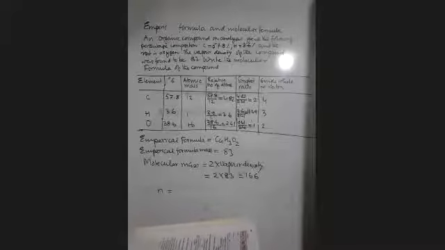Again, you check the digits. 39.9% carbon, 6.69% hydrogen, and rest is oxygen. Molecular mass of the compound is 60 g mol to the power -1.